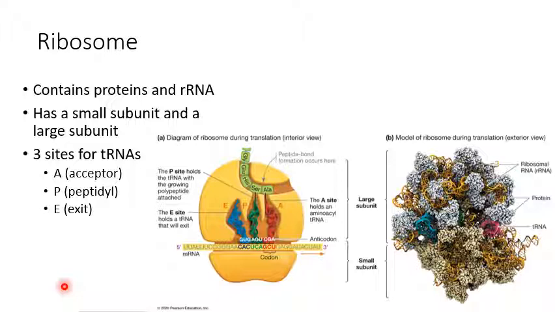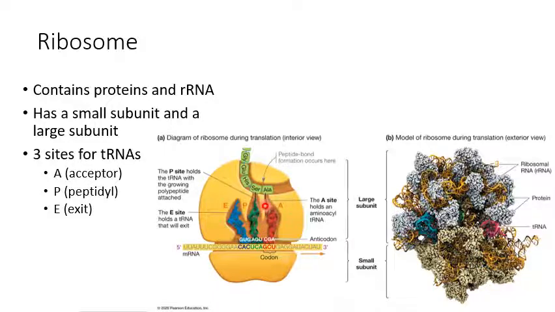Then finally, you have three places inside of the ribosome where tRNAs can come in. They're called the A site, the P site, and the E site, or from left to right, that would be EPA. tRNAs are going to come into the A site, that's the acceptor site. Then the ribosome is going to be moving down along the mRNA.